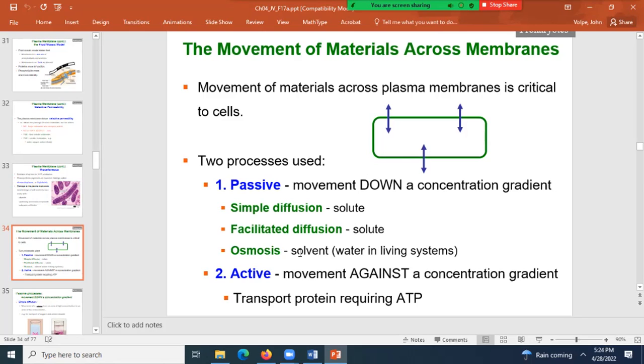So osmosis is, what is that? In this case, we're talking about simple diffusion, but it is a solvent. And then osmosis is always moving across a membrane or a synthetic membrane.